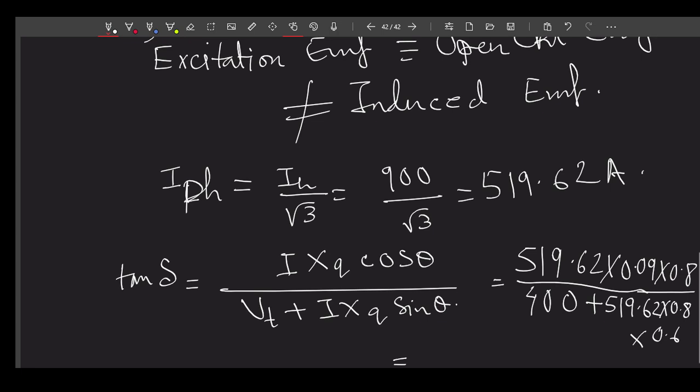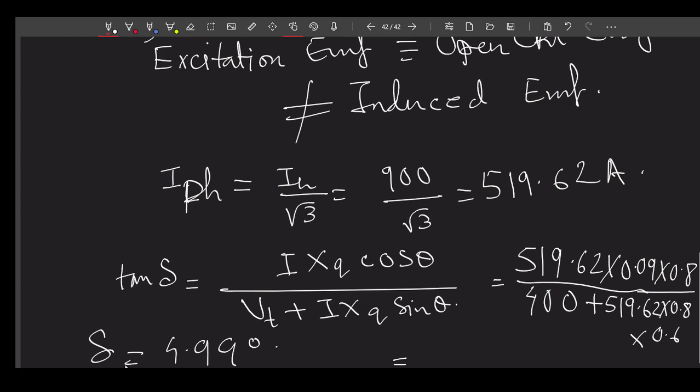It is giving us delta is equal to 4.99 degree.